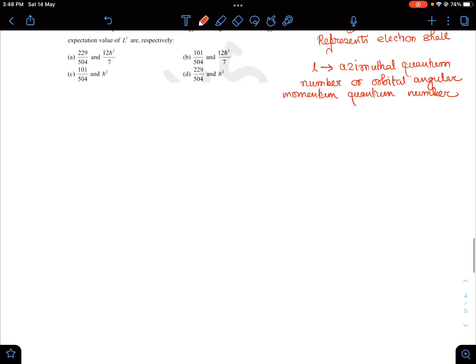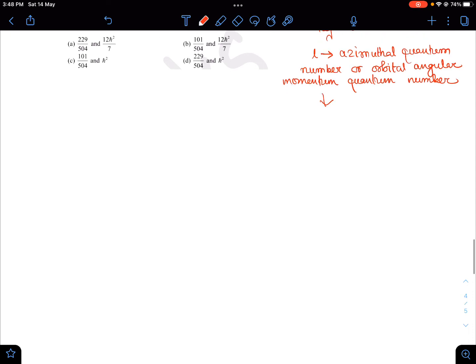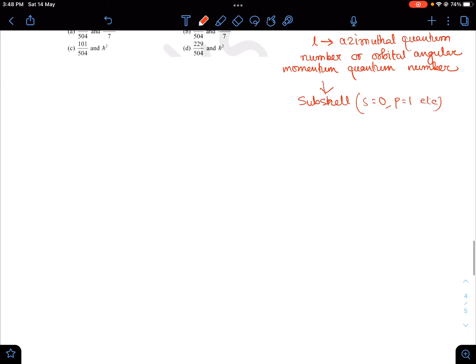It basically represents the subshell, like s, p and so on. So what can be the l value? The l value is between 0 and n minus 1.